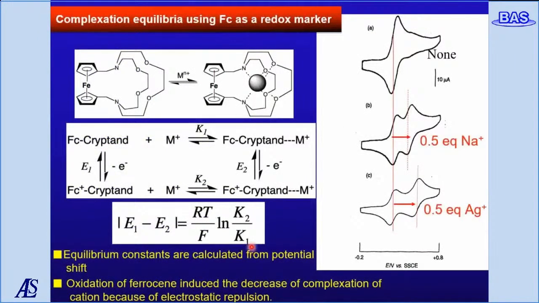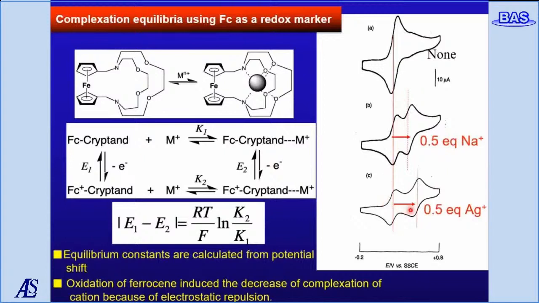Redox-active complexes such as ferrocene act as a good marker for monitoring the complexation equilibrium. For ferrocene cryptand, the structure is shown in this figure. The complexation of metal ion in the cryptand moiety is monitored by using CV. Compared to the original ferrocene, a new peak appeared on the more positive side when sodium or silver ions are added into the solution.